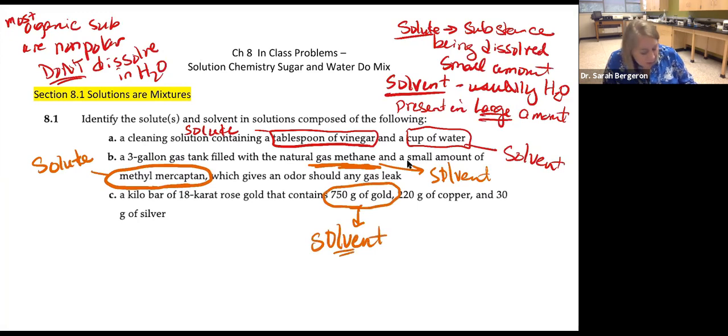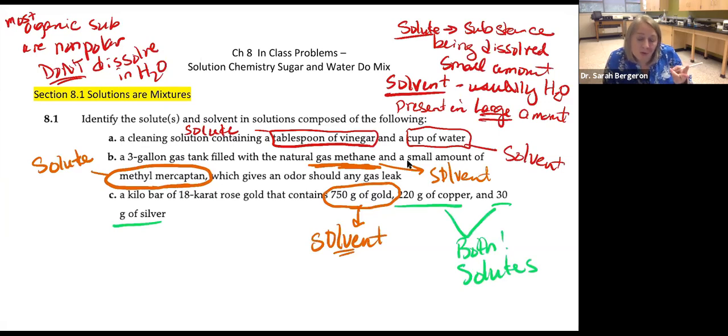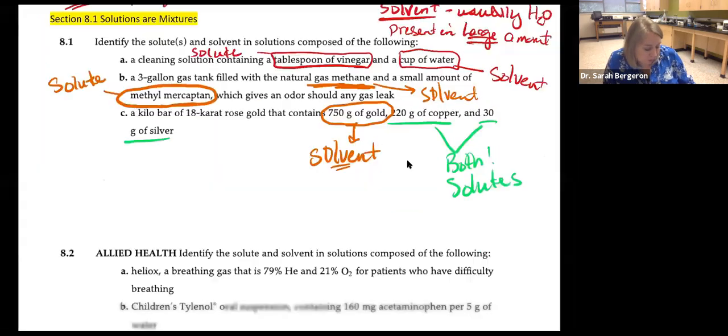The other two substances, both the copper and the silver, are solutes. So if you have more than two, you're going to have one solvent and the rest are going to be solutes.